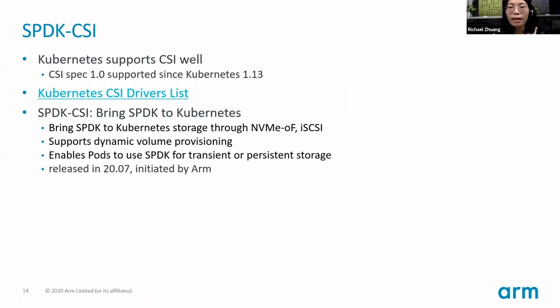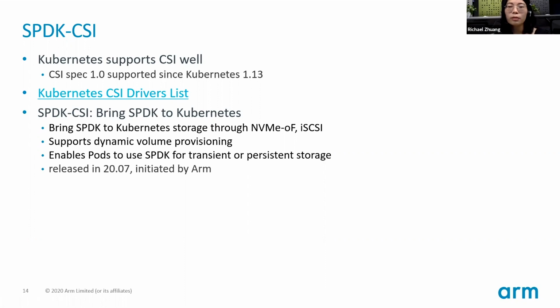Kubernetes has supported the CSI spec 1.0 from release 1.13. In this link, there is a set of CSI drivers which can be used with Kubernetes. Our new CSI driver, SPDK CSI, aims to bring SPDK to Kubernetes storage through NVMe-oF or the iSCSI protocol.